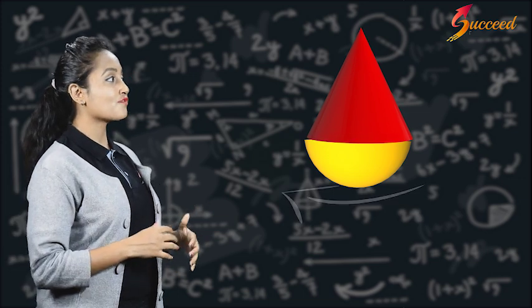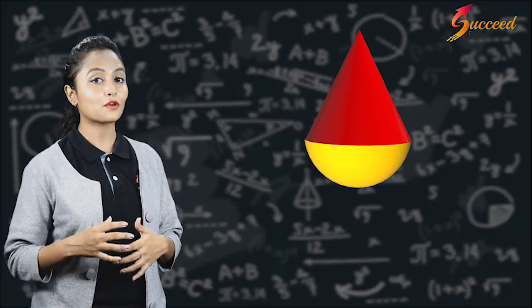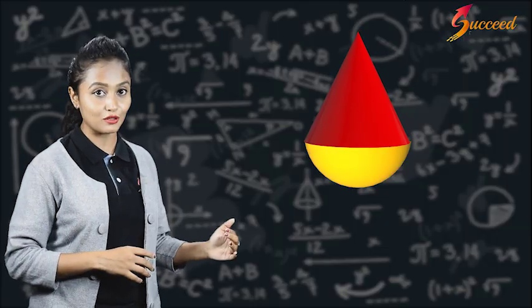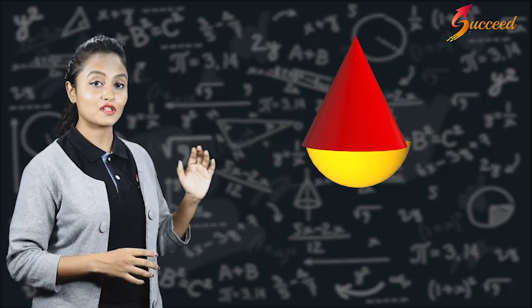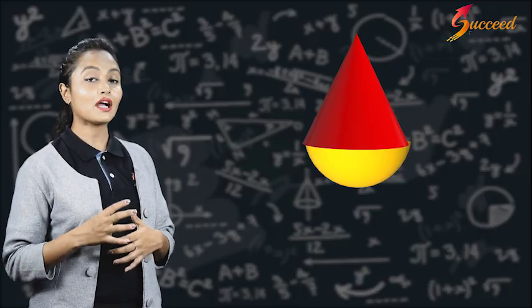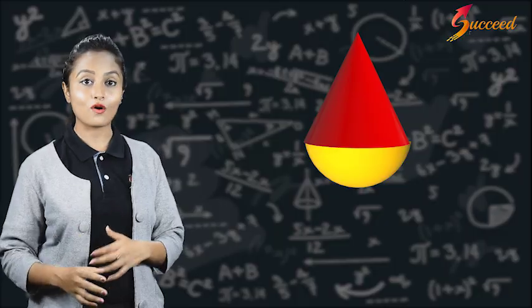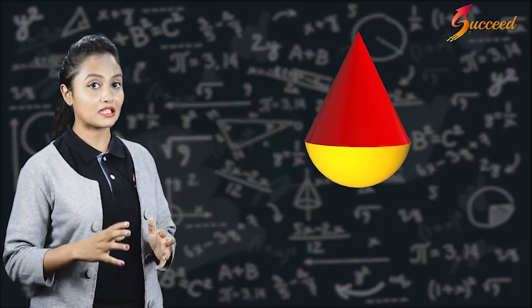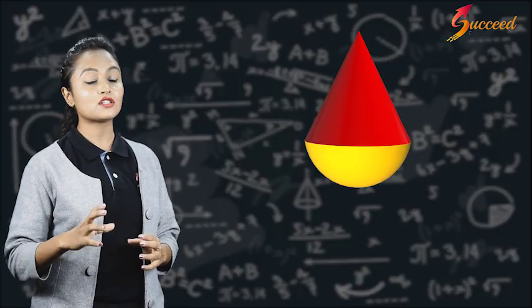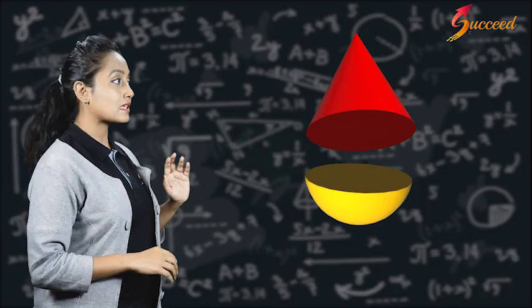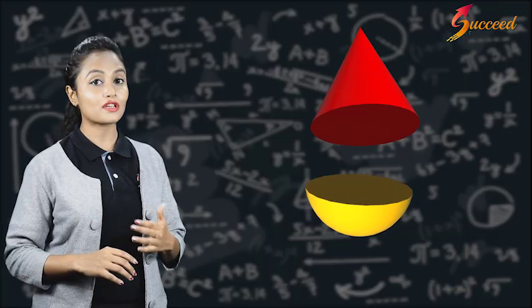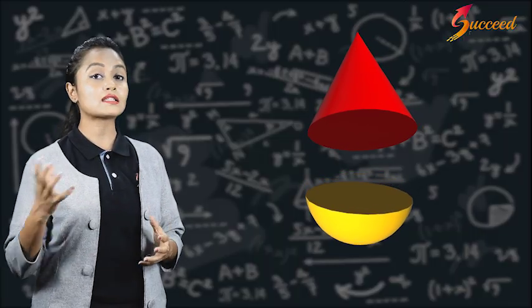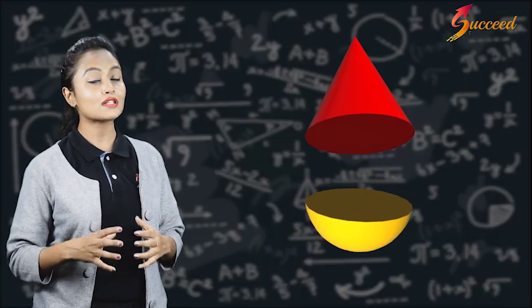Now, if we want to find out how much paint we would need in order to paint this particular toy, we will have to identify the surface area of this particular toy. So, if you have to identify the total surface area of this toy, you have to understand that we have to divide it into two different parts, that is a cone and a hemisphere, and find their curved surface areas separately and then sum them up in order to get the total surface area.